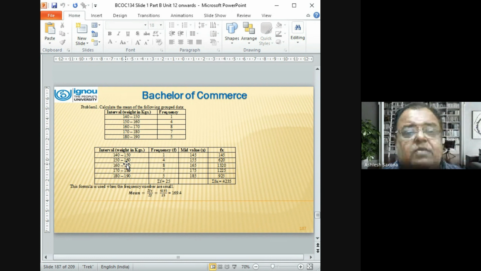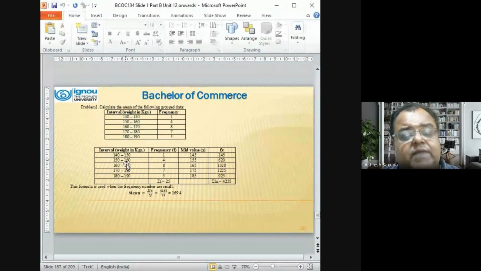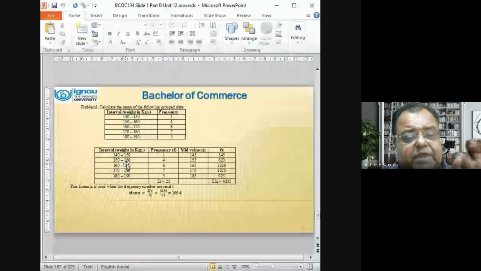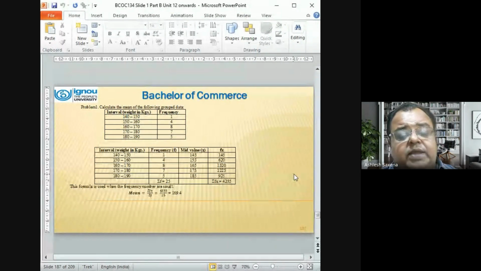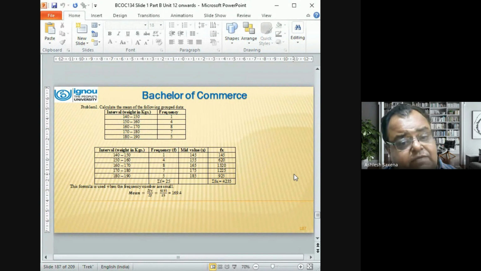We have to calculate the mean for the group data. These two columns are given to us. We have calculated the mid value. I'm just recalling in brief how this mid value is calculated. Mid value is calculated by adding 140 and 150, which comes out to be 290, and dividing it by 2, which comes out to be 145.